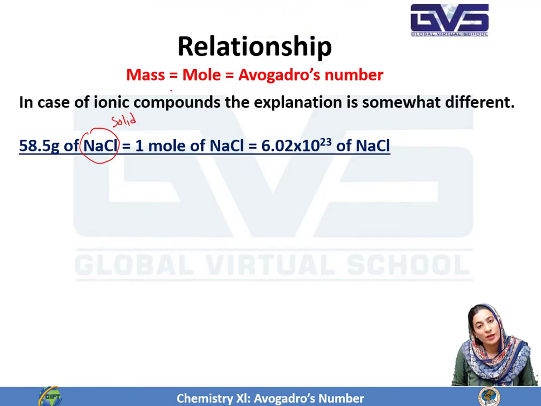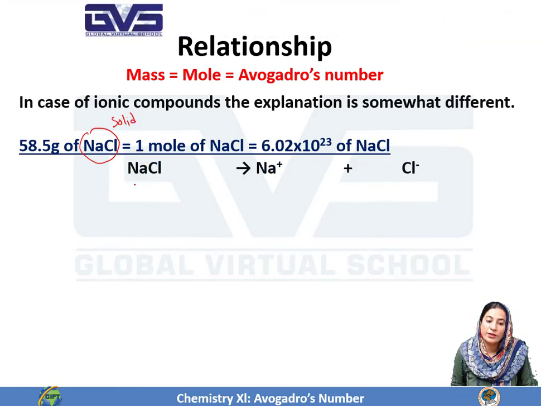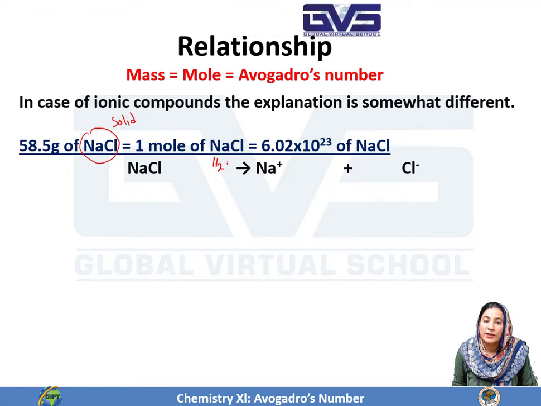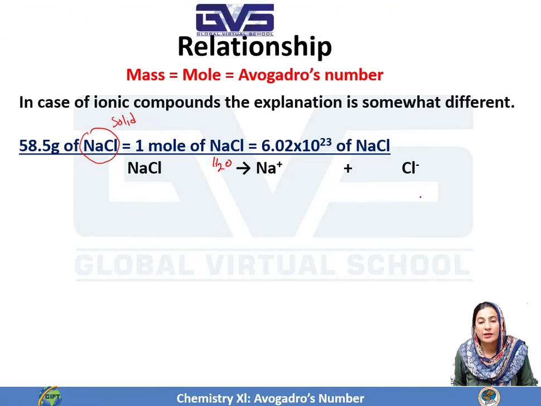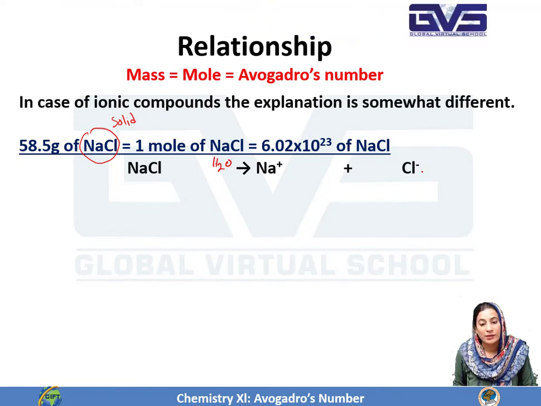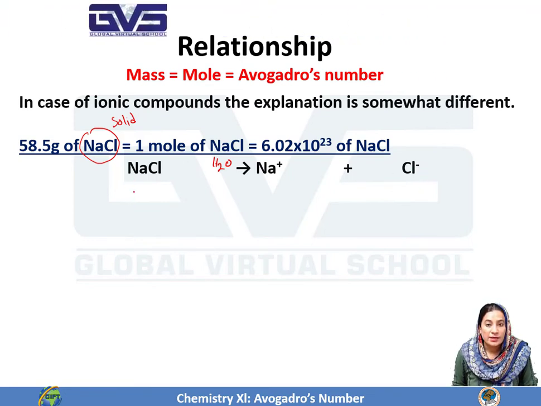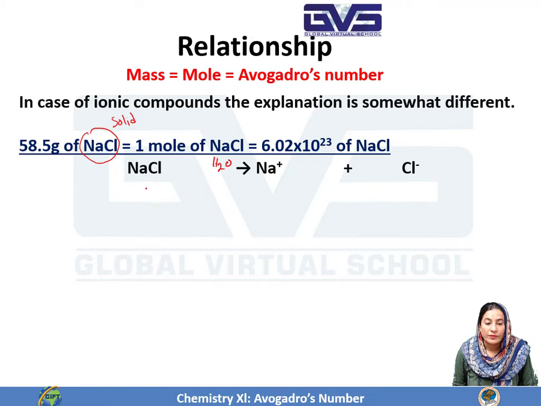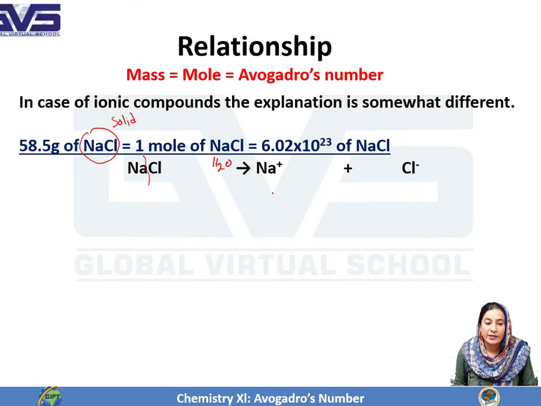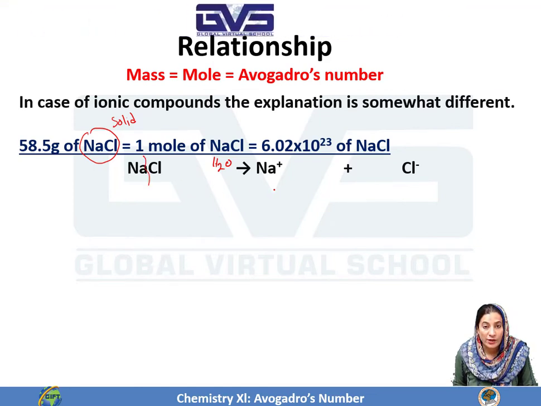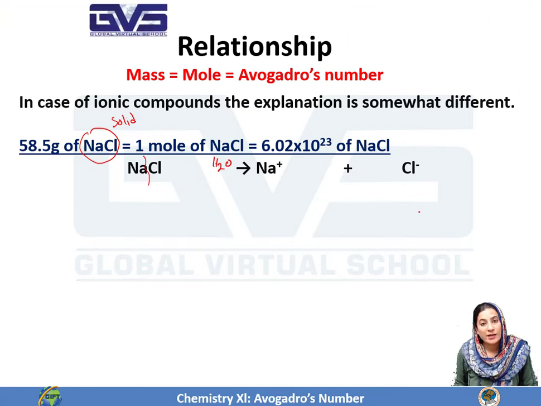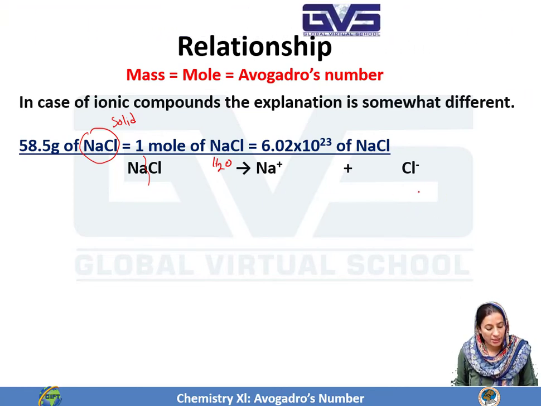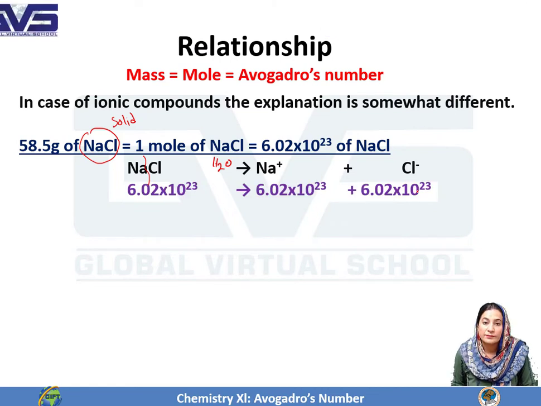ionic compound. But when we dissolve the sodium chloride into water, it splits into sodium ion, a positive ion, and a chloride ion, a negative ion. So when this is the Avogadro's number, when it splits, it gives the sodium ions Avogadro's number and chloride Avogadro's number. So the number of particles will be changed. In this case, number of particles will be double.